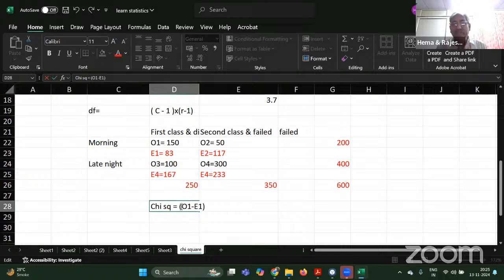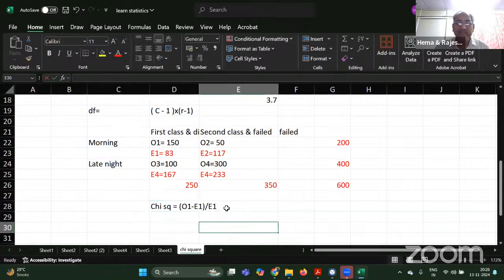Now this change of the observed value against the expected value is giving some kind of change, whether the change is more or less, but that is in context to the expected value. It is not an absolute thing. So in context to E1, that's why we divide by E1.